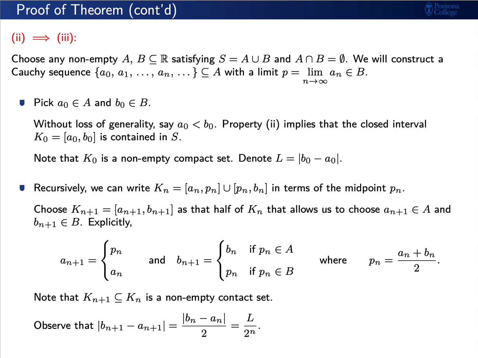Notice that K sub n plus 1 is contained in K sub n, and it is a closed interval, a non-empty compact set. Observe that the difference b sub n plus 1 minus a sub n plus 1 inductively is just L over 2 to the n. So as n gets larger, this quantity gets smaller and smaller.